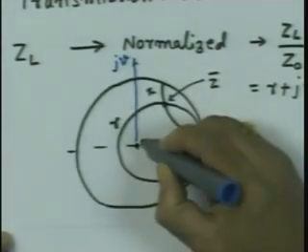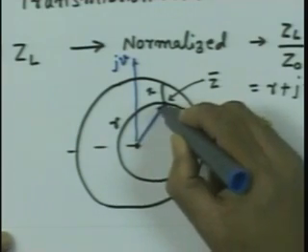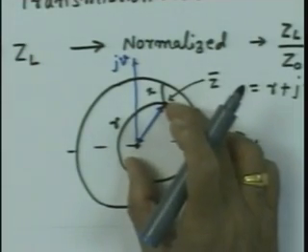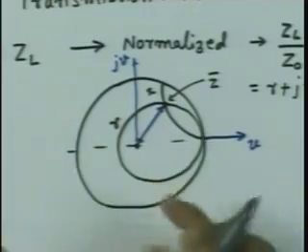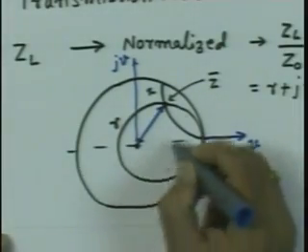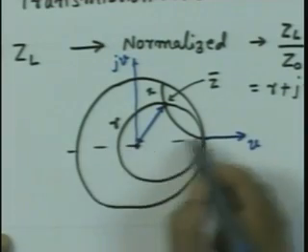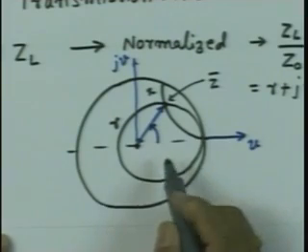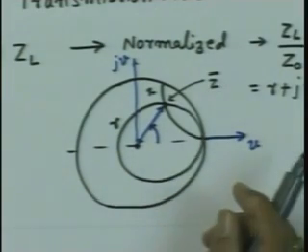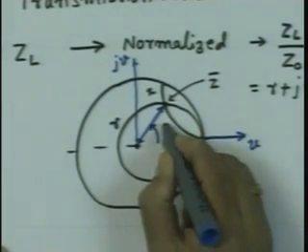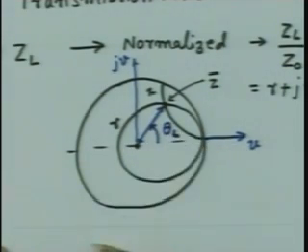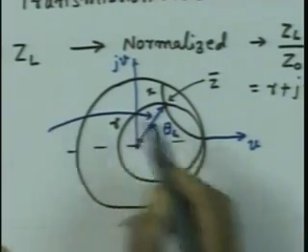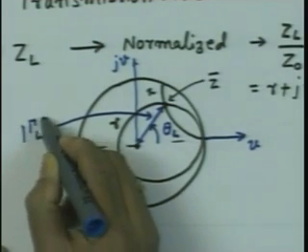If I measure the distance of this point, that gives me the magnitude of the reflection coefficient gamma L. And the angle, measured conventionally on the complex plane from the real axis, is the angle of the complex reflection coefficient at the load end. So, this angle is theta L, and this distance is mod gamma L.